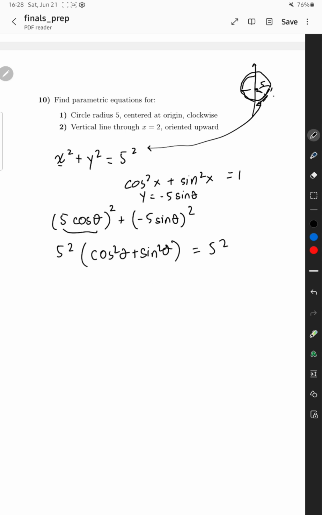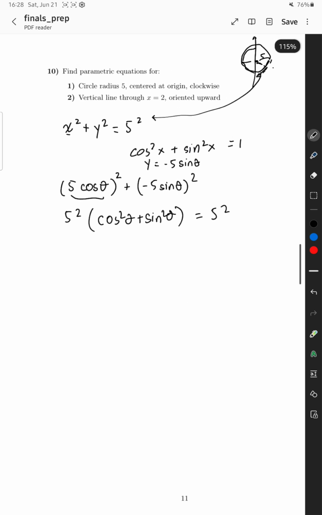Therefore, this is a correct parameterization of the equation, because it should follow the rule in the other coordinate system, which is the Cartesian system. So therefore y equals minus 5 sine theta and x equals 5 cosine theta.